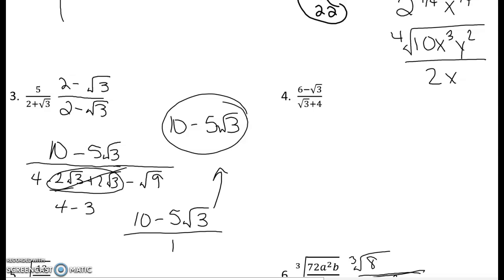So on the other one, doing the same thing again, multiply by the denominator on both top and bottom because we're going to get rid of the radicals. We're going to change the sign to be opposite.